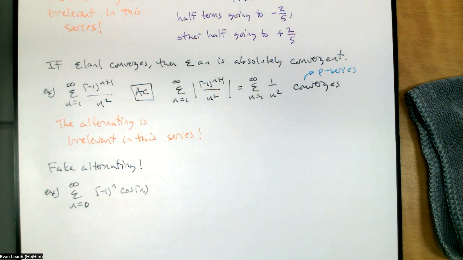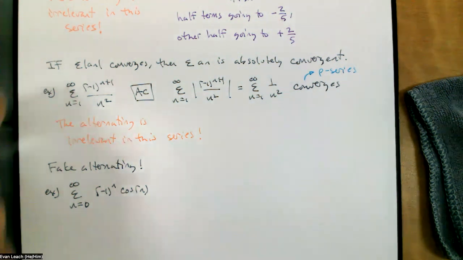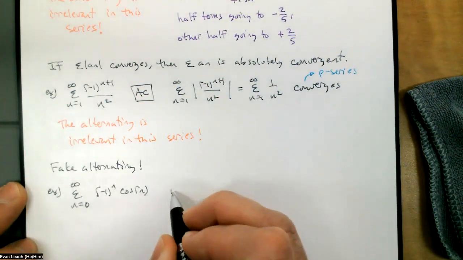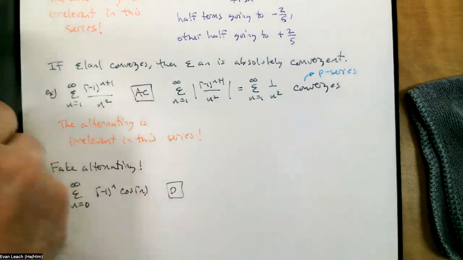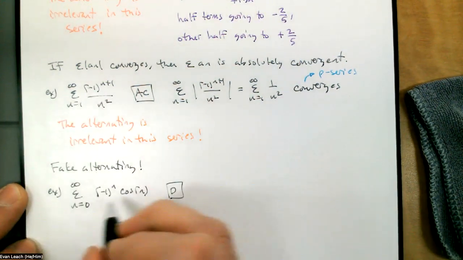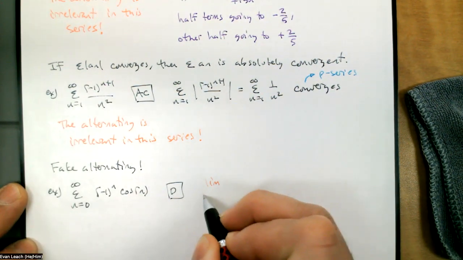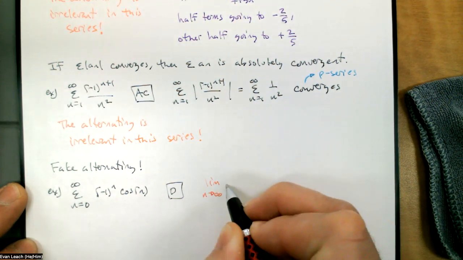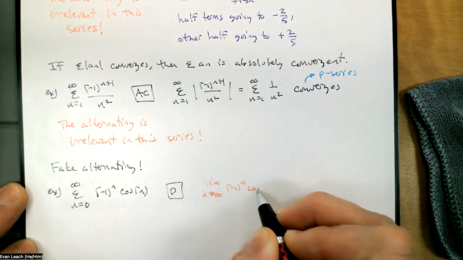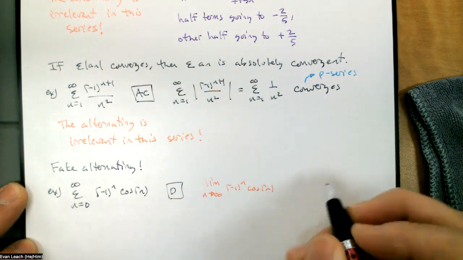-1 to the n is being multiplied by cosine n, and cosine n is not positive for all n. Furthermore, cosine n doesn't alternate. So, first of all, the series diverges because the limit of the terms is not 0. We're clearly not discussing this because it's a question of whether it converges or diverges. The limit as n goes to infinity of -1 to the n times cosine n does not exist.